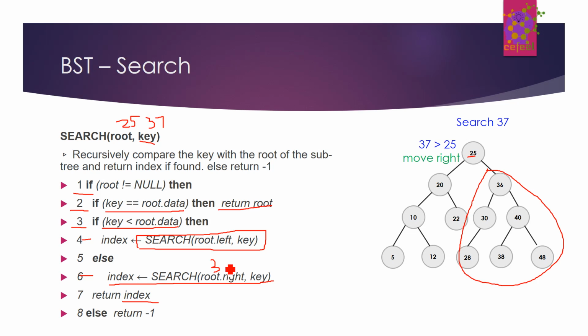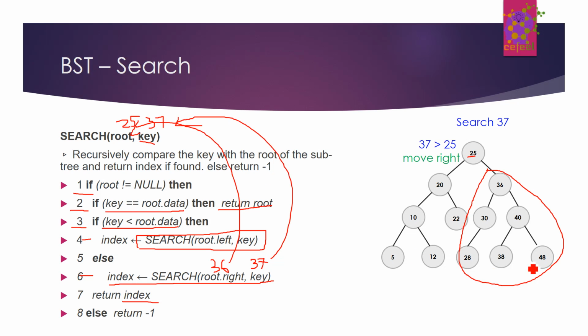Root.right is here 36. In fact, this is a node of 36 and this is 37. So this will be passed, and this is a recursive call to the search method. So in this case 36, these values will be passed over here and the next call will be made.